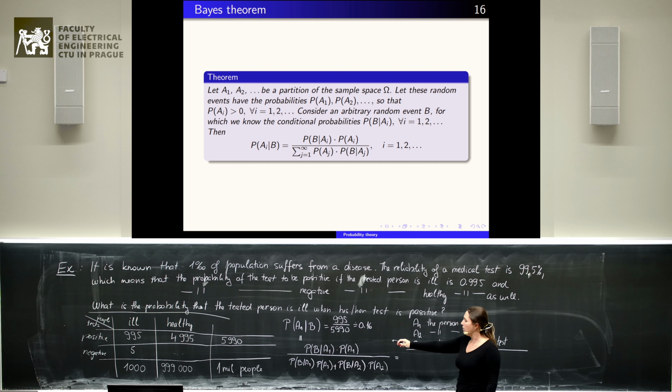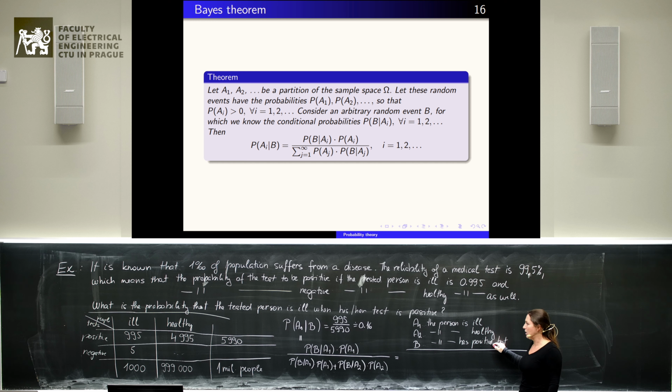The probability of B conditionally on A1 is the probability of having positive tests when the person is ill. And we know this probability. It is the reliability of the test, so it is 0.995 times the probability of A1.